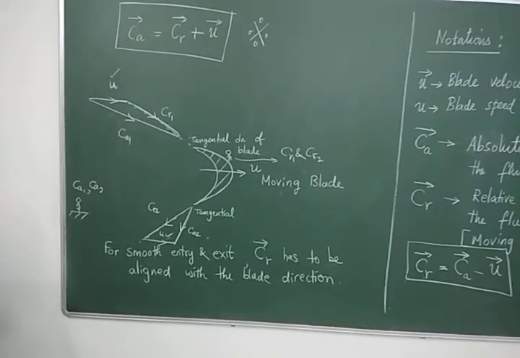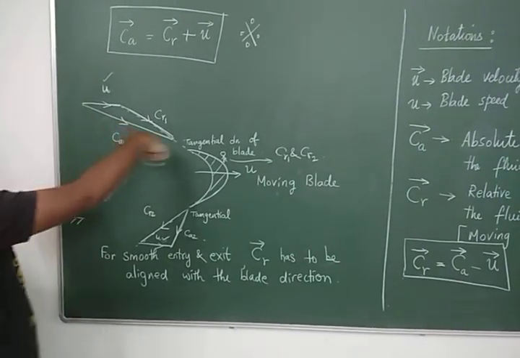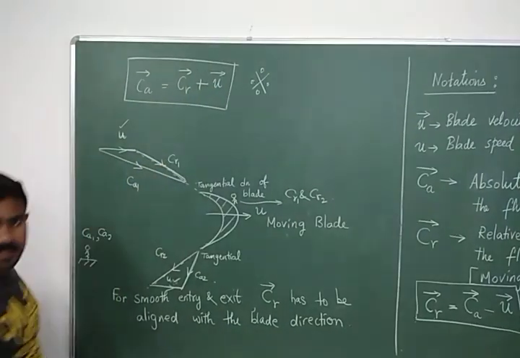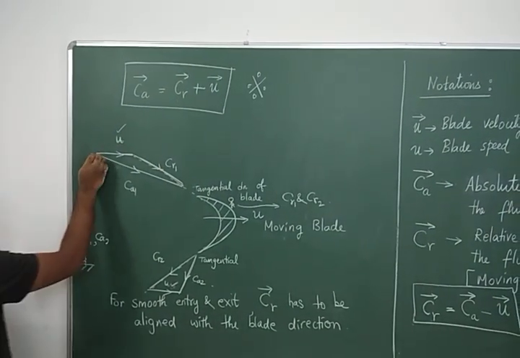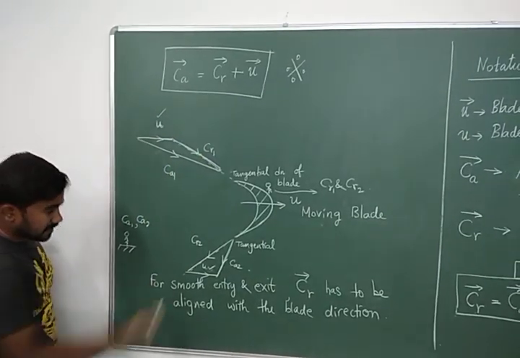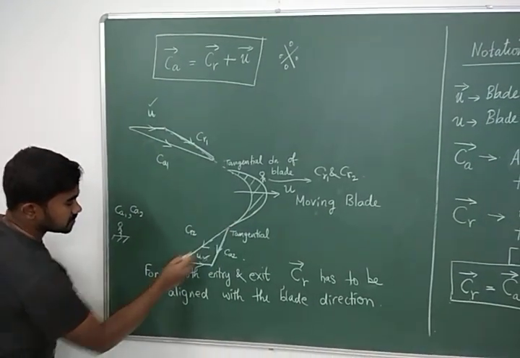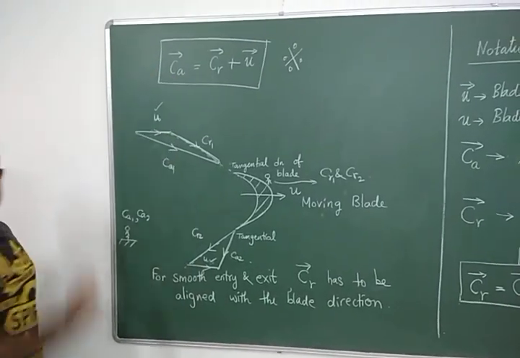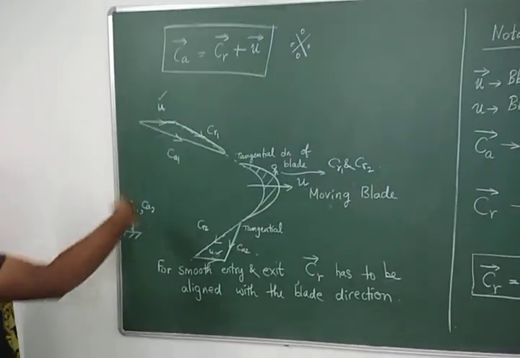Okay? So these are the velocity triangles, and while drawing them, I use the rule CA is equal to CR plus U. By triangle law, this vector is equal to this vector plus that vector. Again here, this vector is equal to this vector plus that vector. We should take care that this relation is obeyed in the velocity triangles.